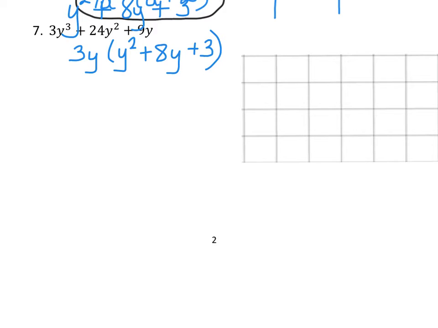Now the question becomes, is this part of the polynomial factorable? And to answer that question, we're going to see if it factors. And the way that we look to see if it factors, and this time we are factoring, we're going to put these terms in, but we need to remember that if that factors, that y squared plus 8y, that 8y used to be 2 different terms if it factors.